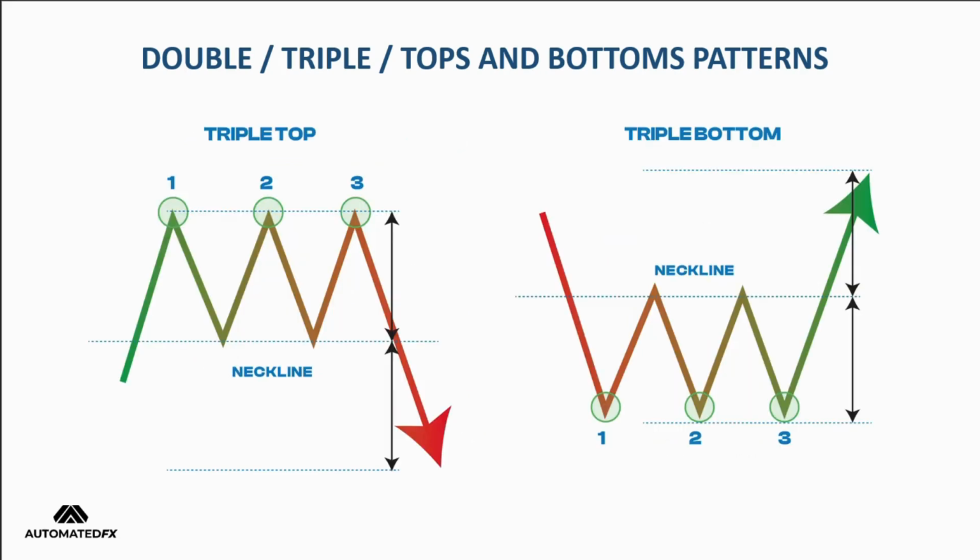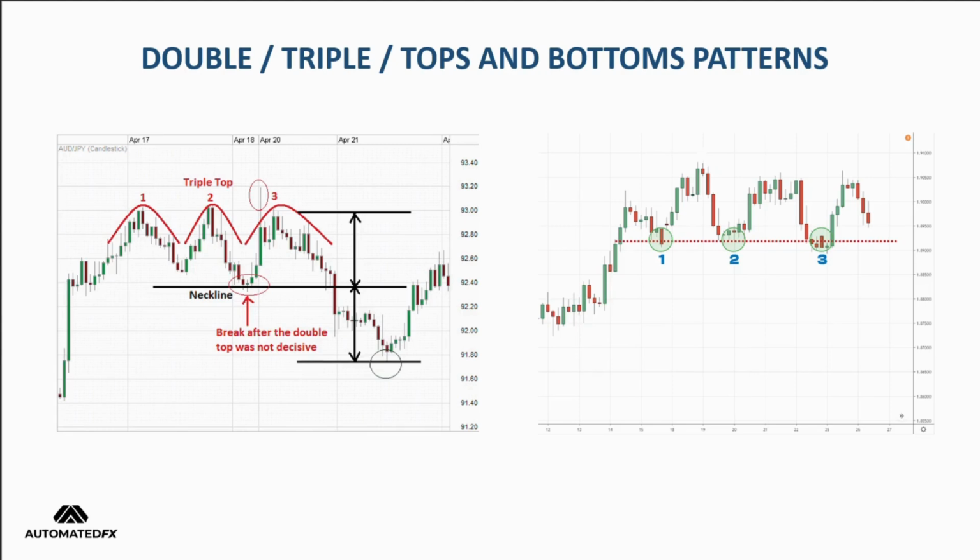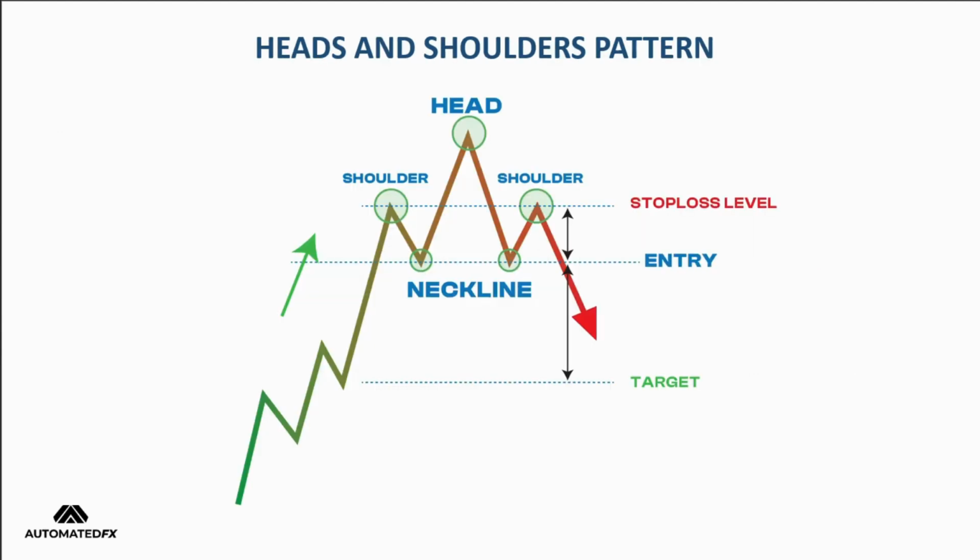And the next important thing is the head and shoulders pattern. The head and shoulders pattern is a well-known bearish reversal pattern that usually forms after an uptrend. It consists of three peaks. The first peak is the left shoulder, a higher peak is the head, and a lower peak is the right shoulder.